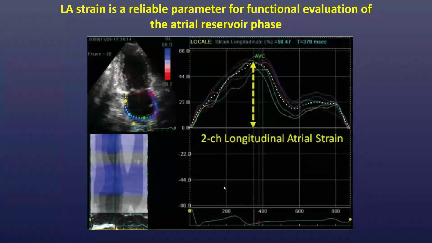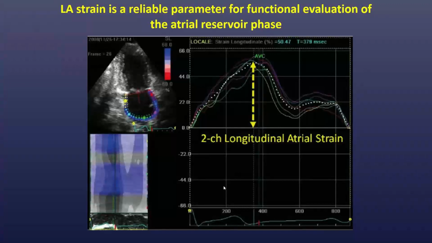In recent years, speckle tracking has been used not only to study left ventricular deformation or right ventricular deformation, but also to study atrial deformation. And many authors demonstrated that the amount of atrial deformation during left ventricular systole, which is the reservoir function of the atria, is strongly correlated with left ventricular filling pressure as demonstrated in invasive studies.